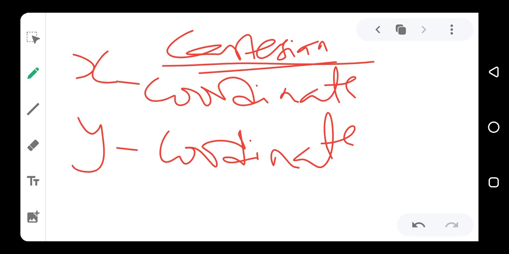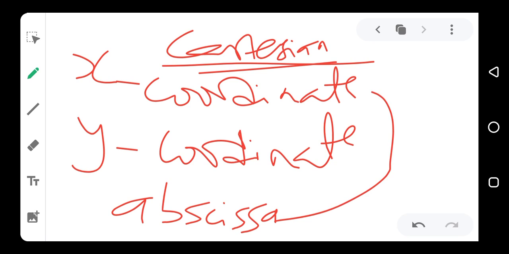The x coordinate is also called abscissa. Another name for y coordinate is ordinate.